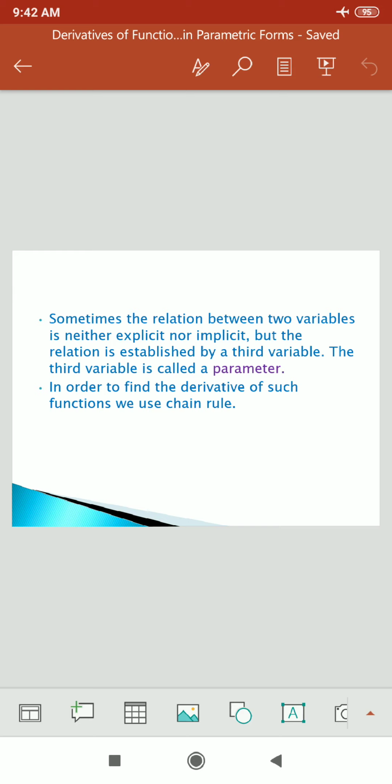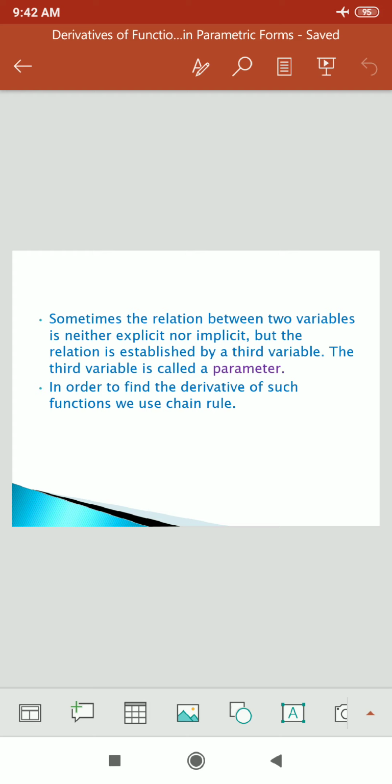But now when we have relations where x and y are neither in implicit nor explicit form, but x and y are related by some third variable, at that very time we call the relation is in parametric form, and that very third variable is called the parameter.